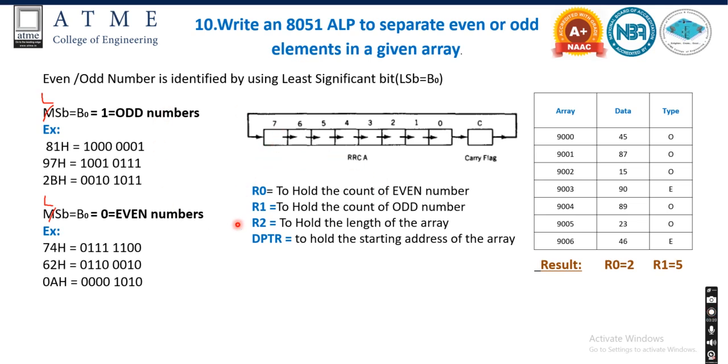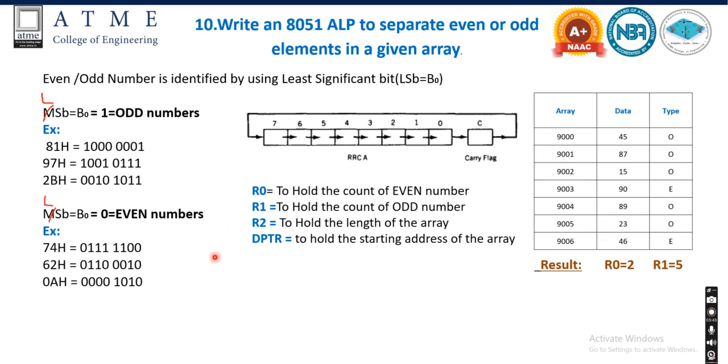These are the different registers used in this program: R0 is used to hold the even number count, R1 is used to hold the odd number count, and R2 is used to hold the length of the array, that is, how many data are there in a given array.